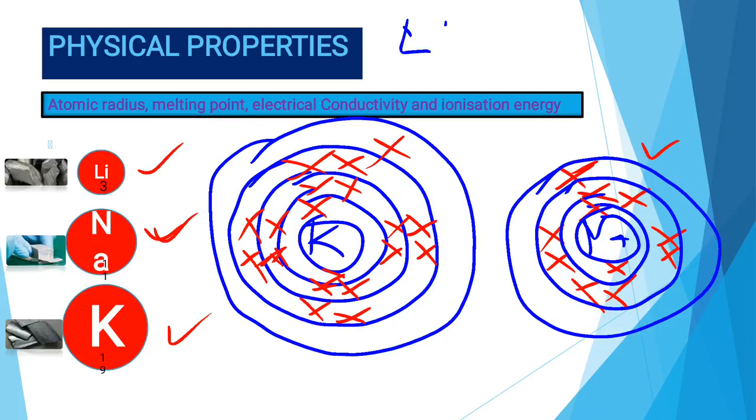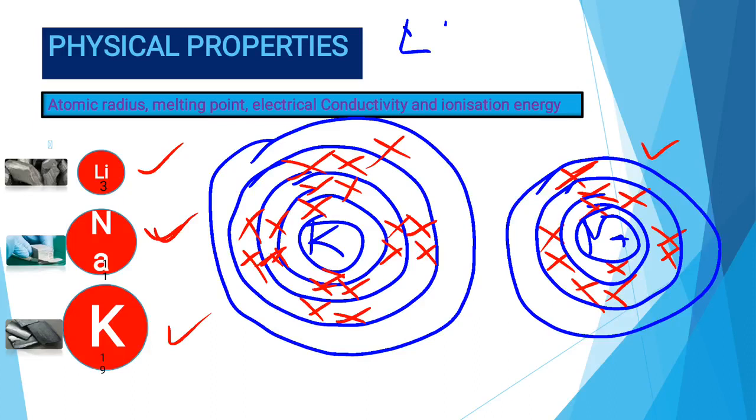And for that reason, lithium has a higher melting point, and that goes down to sodium, and finally potassium among the 3 members will have the least of all the melting points.